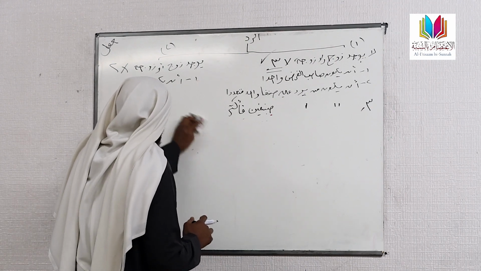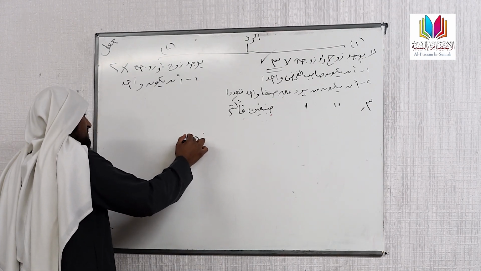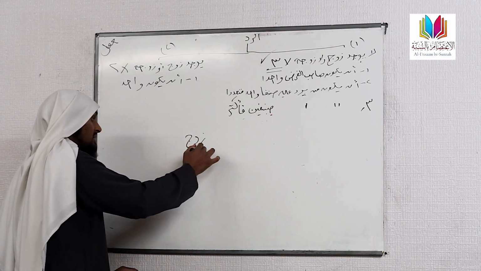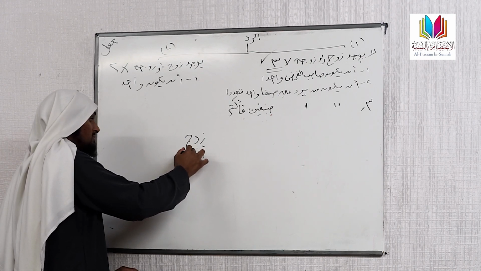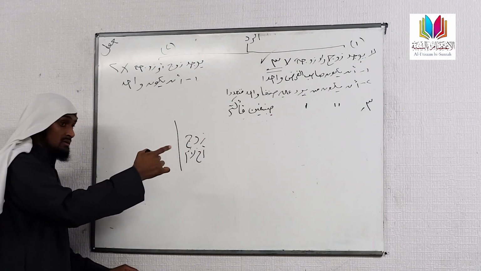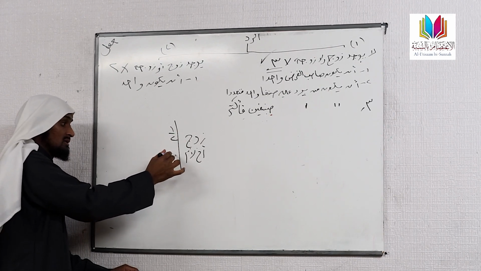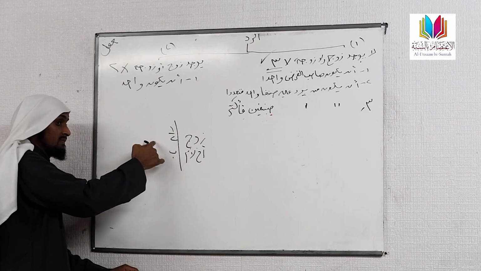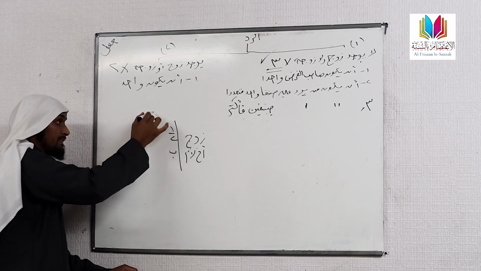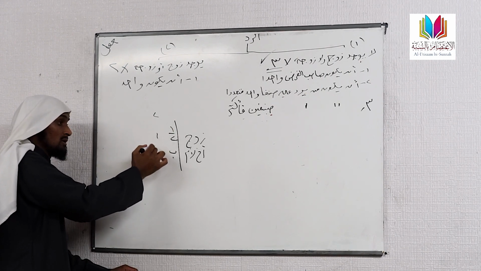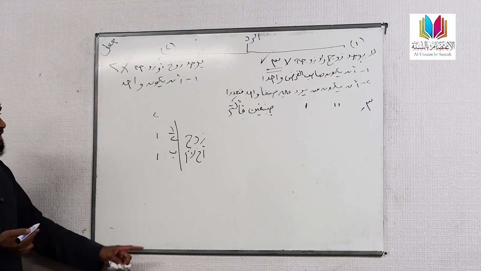Okay. Zawj, akh li-umm. Nisf, half, zawj, baqi. Right, 2 1 1. So he gets 1.